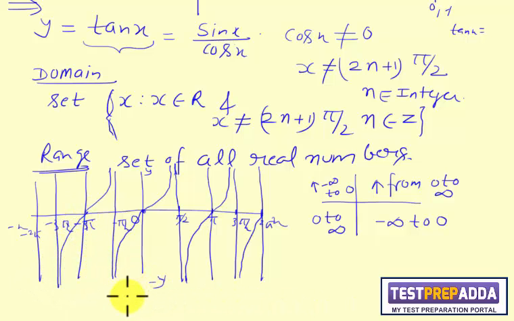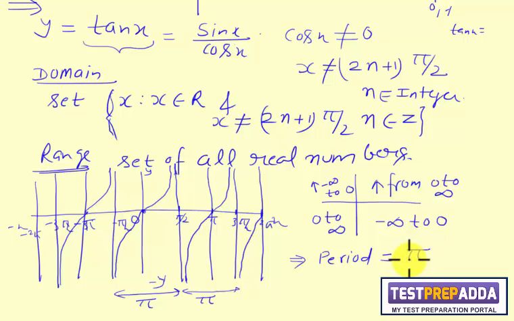You can see every time the graph repeats itself after an interval of pi. So what conclusion you can draw from here is the period. The period of this graph will be what? Pi.